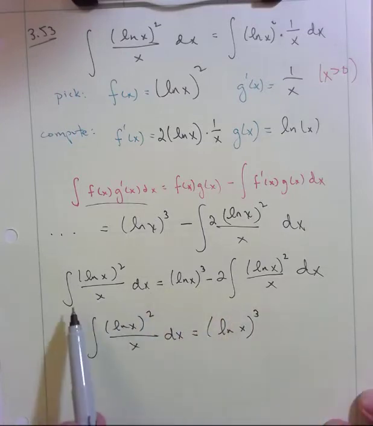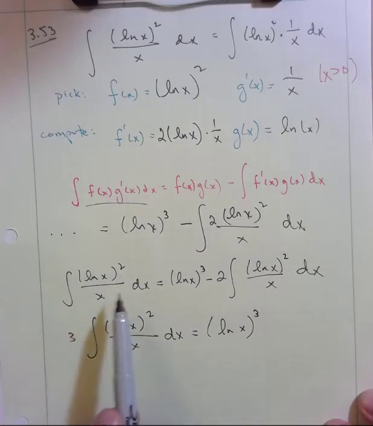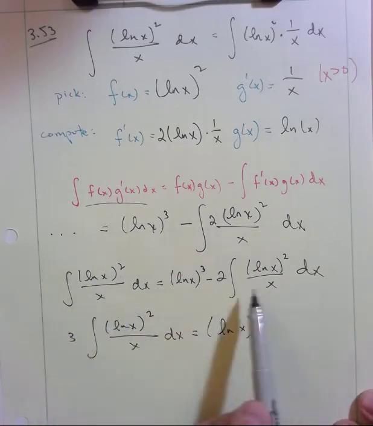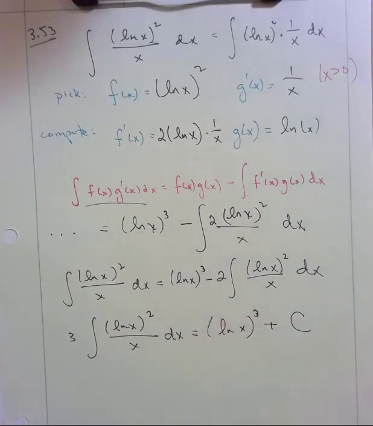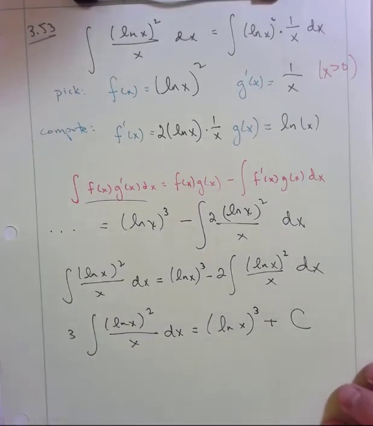I'm saying that this thing on the left can have a whole bunch of arbitrary constants with it, and so can this. And so we're still going to go ahead and recognize that this may differ from this by an arbitrary constant, just like we do with indefinite integrals anyway.